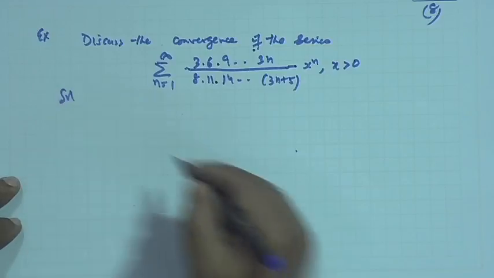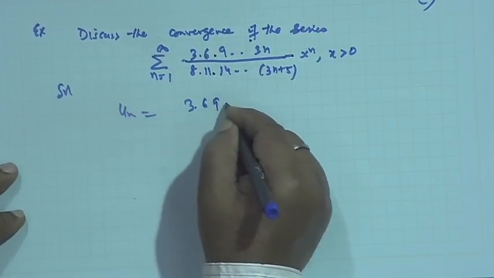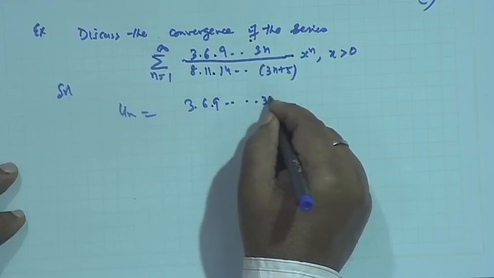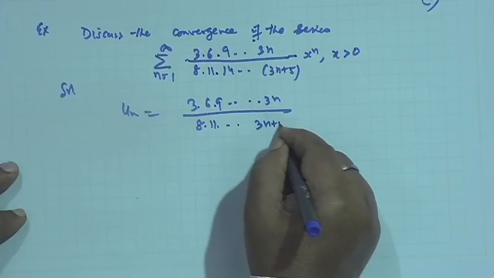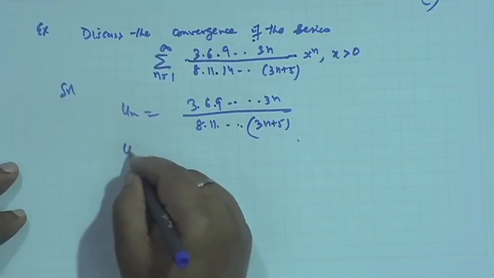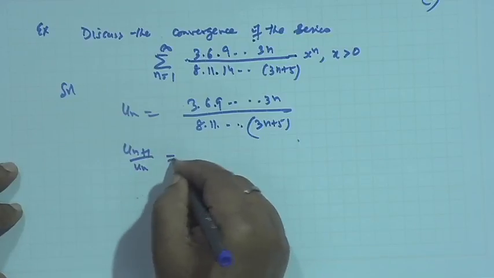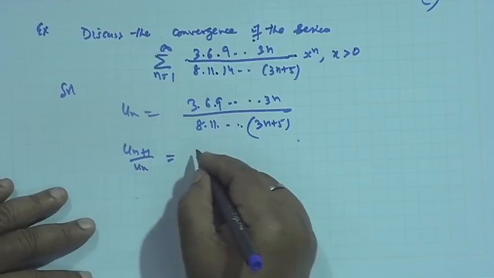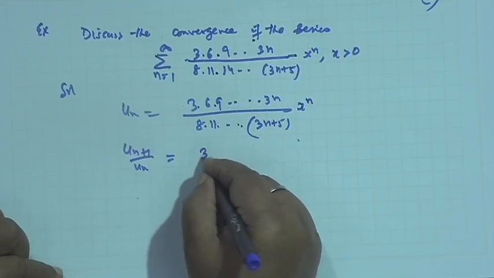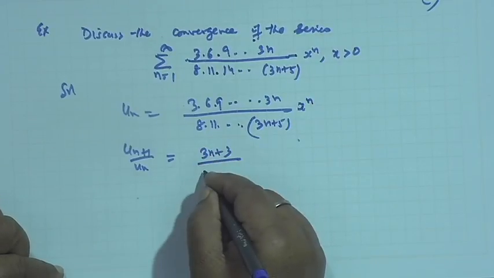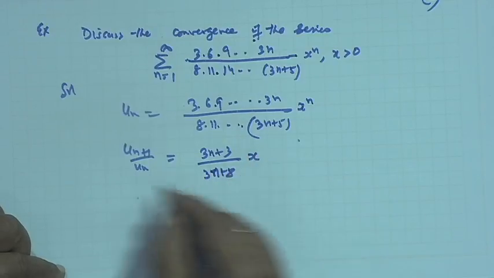Okay. Solution. So, let us take u n. What is u n? 3, 6, 9, up to 3n divided by 8, 11 and up to 3n plus 5, times x to the power n. So, if I take u n plus 1 over u n and then simplify it, we are getting 3n plus 3 divided by 3n plus 8 into x.